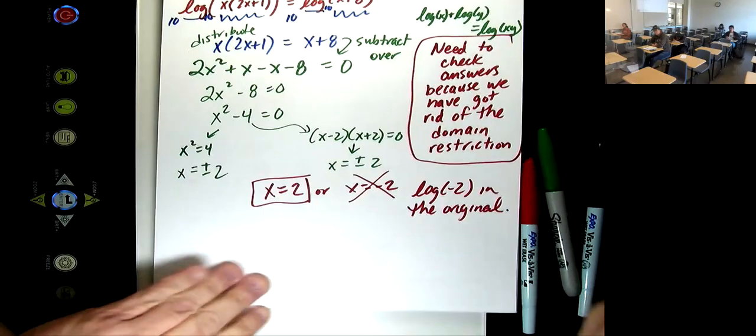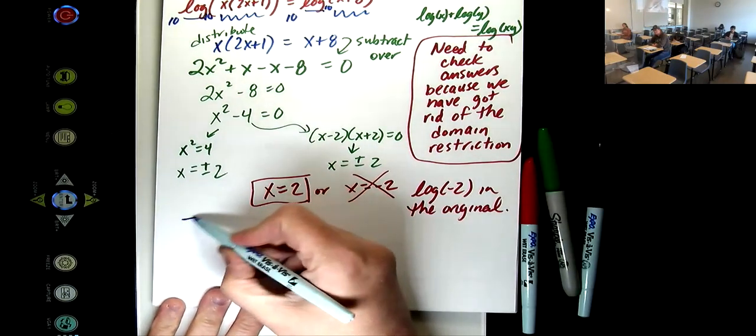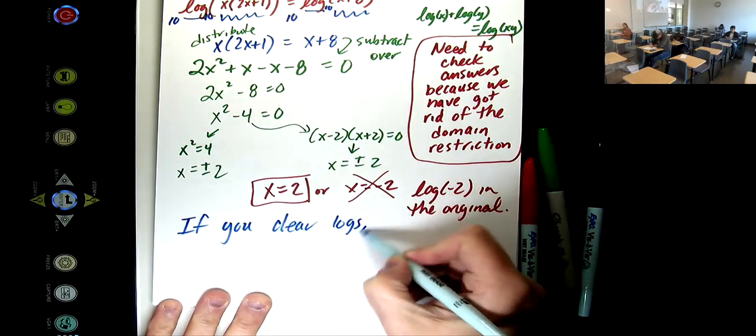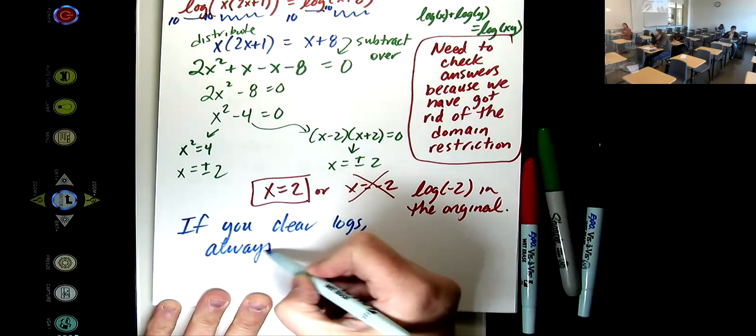So takeaway from that is if you clear logs, always check your answers.